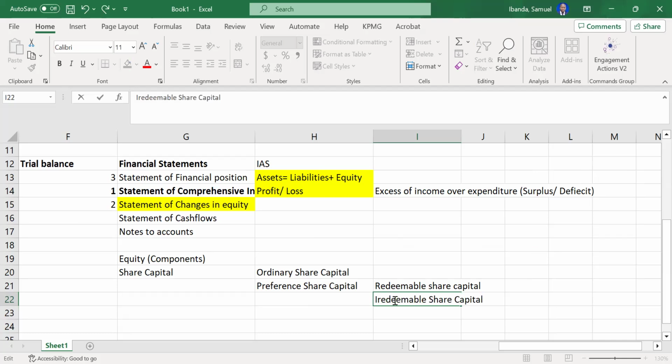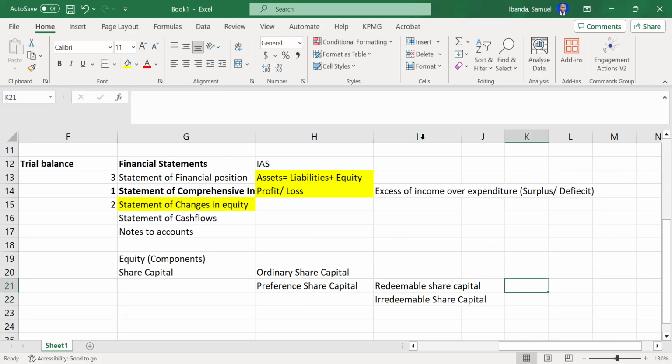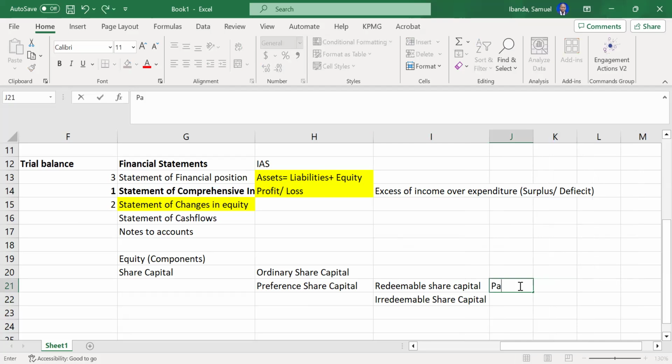And the word irredeemable is double R here. Now, redeemable means that the owner of these shares will be paid back after some time. After some time, they will get their principal.